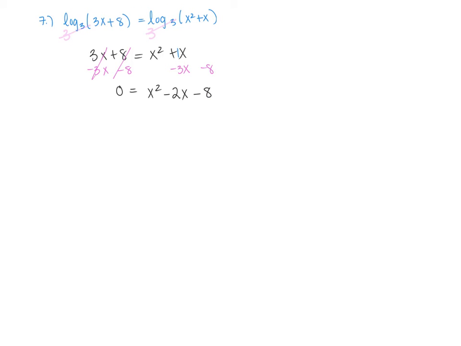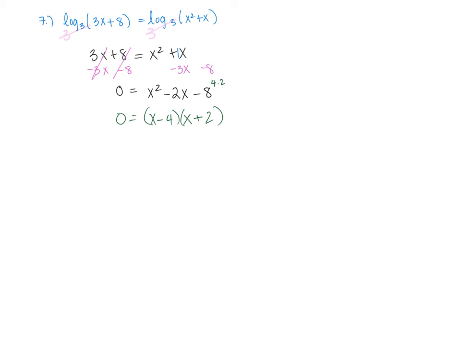So I combine these two terms, negative 8 just comes down, and if I factor, then maybe 4 times 2 might work. So 4 and 2, if I make the 4 a negative and the 2 a positive, I think this works out. Negative 4 times positive 2 makes a negative 8.